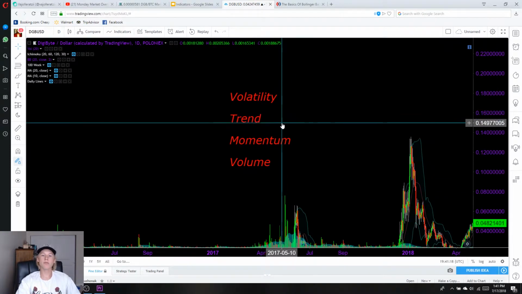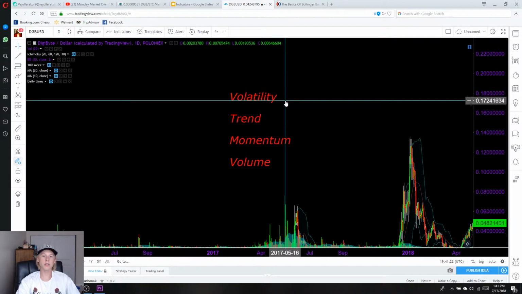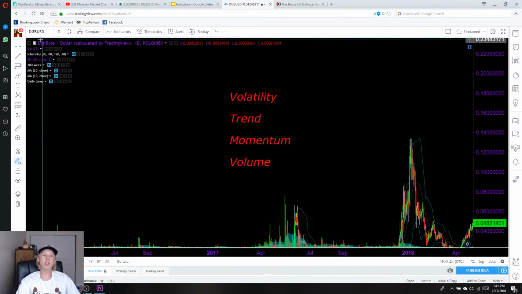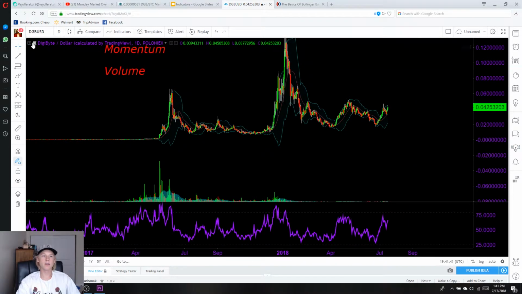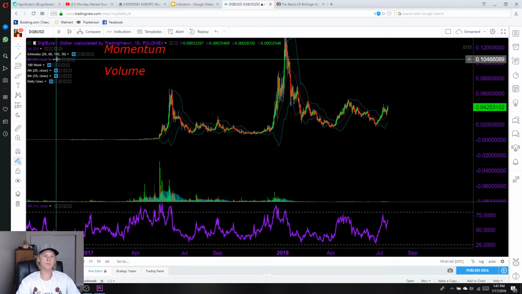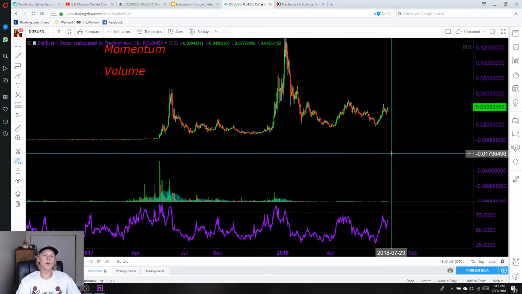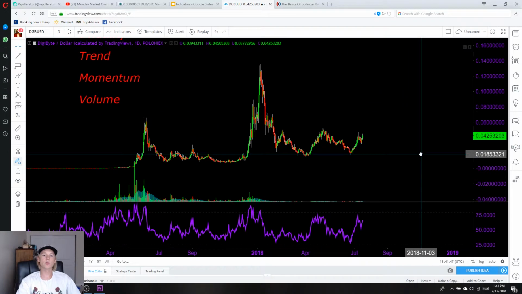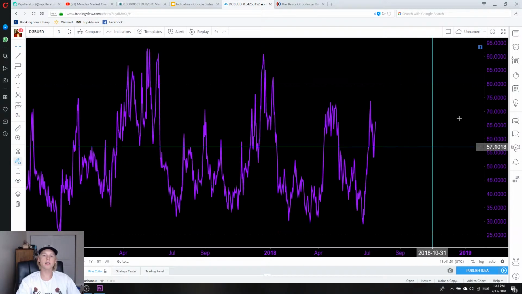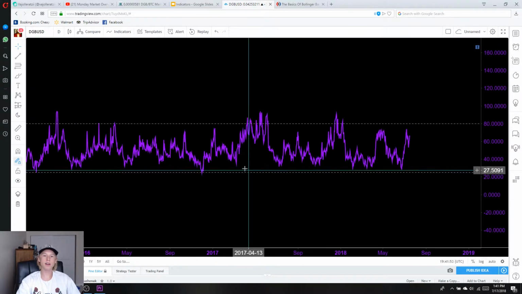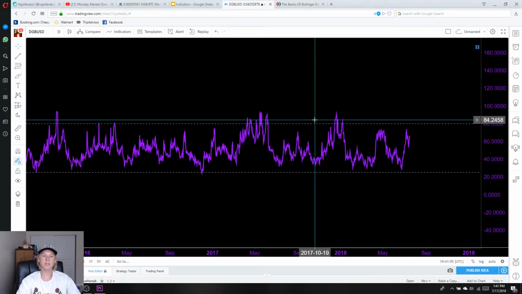We've covered my favorite trend indicator as well as my favorite volatility indicator. Now, how about we check out a momentum indicator? Now, let's get rid of these Bollinger Bands here. The RSI indicates whether the market is overbought or oversold. And it oscillates between these two dotted lines, these two gray dotted lines that you see here.